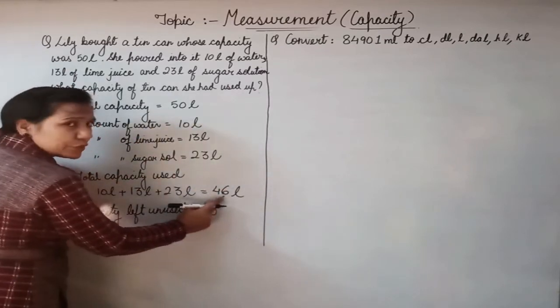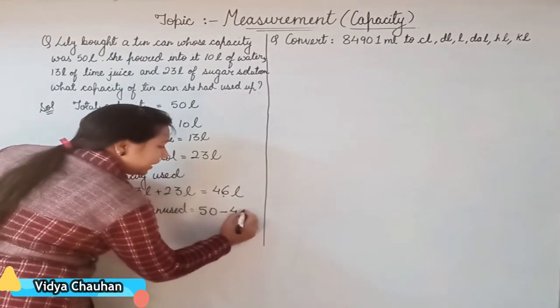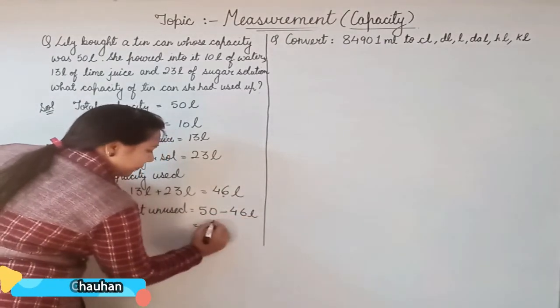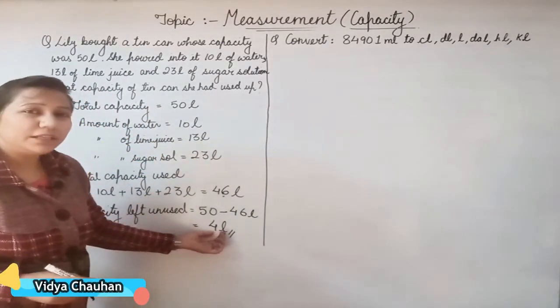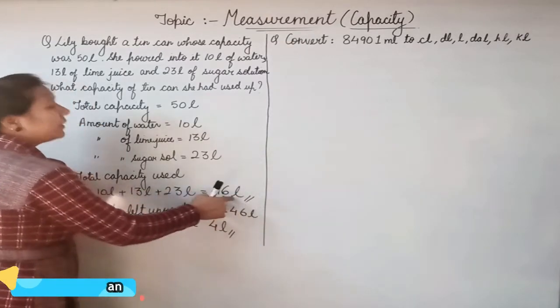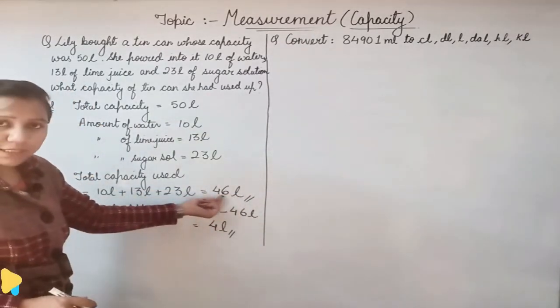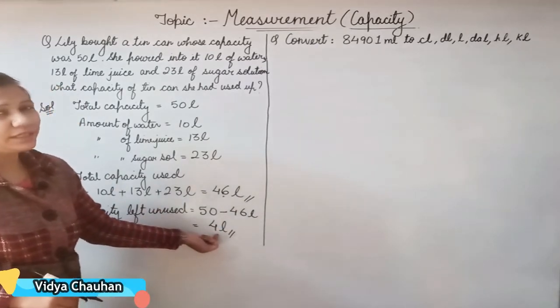How much we have used? We have used 46 liter of it. So that will be 50 minus 46 liter. So how much capacity is left in it? That is 4 liter. So according to the question, the total capacity used by Lily was 46 liter, and how much is left? That is only 4 liter.